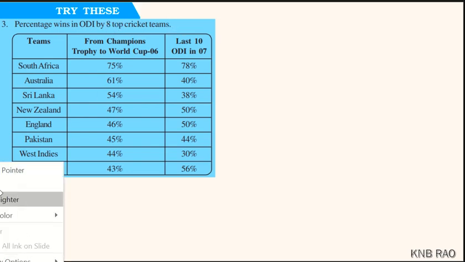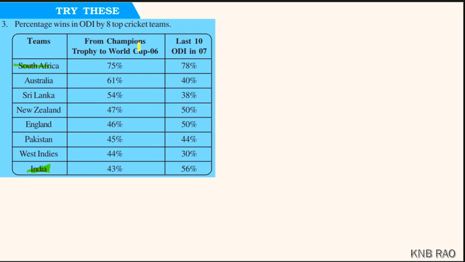Here you have different countries from South Africa to India. There are 8 countries: South Africa, Australia, Sri Lanka, New Zealand, England, Pakistan, West Indies and India.